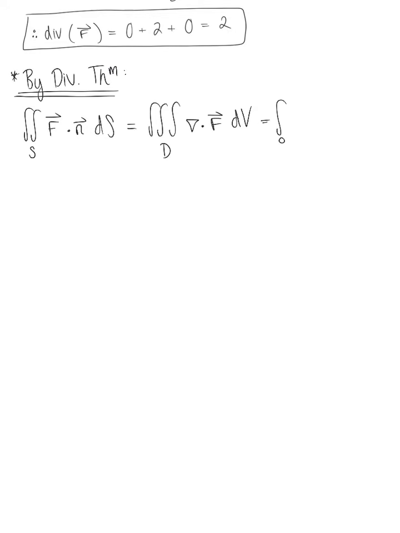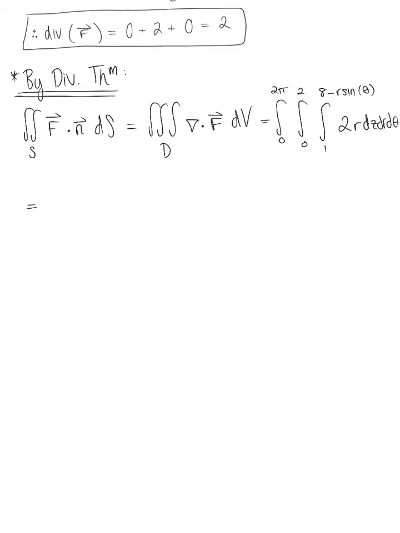So this is going to be the integral from 0 to 2 pi, the integral from 0 to 2, the integral from 1 to 8 minus r sine of theta. We found the divergence to be 2, and then since we're using cylindrical coordinates here, we have the differential r dz dr d theta. And we're ready to start evaluating.